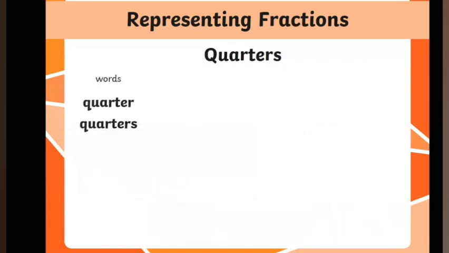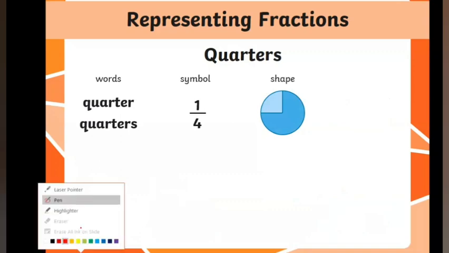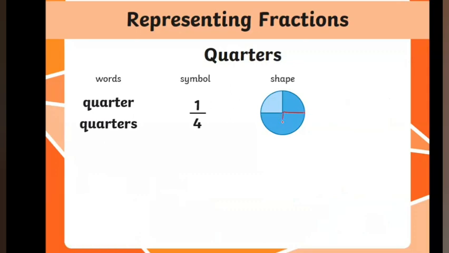Quarters. Quarters mean when a fraction is expressed as 1 out of 4, that means a particular whole thing is divided into equal 4 parts. Here you can see there are no 4 parts, no? Then only one part is considered.